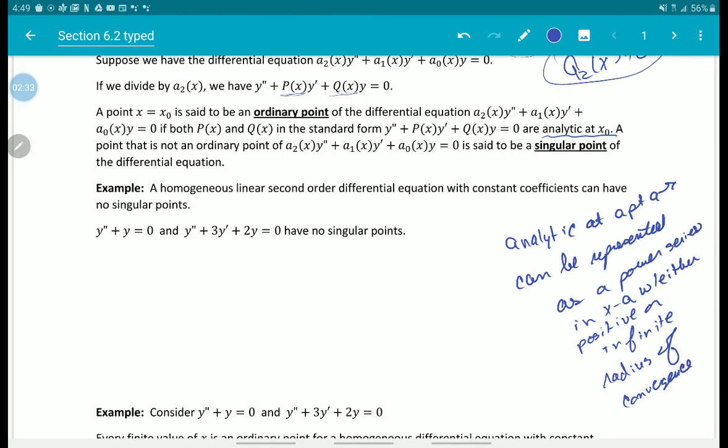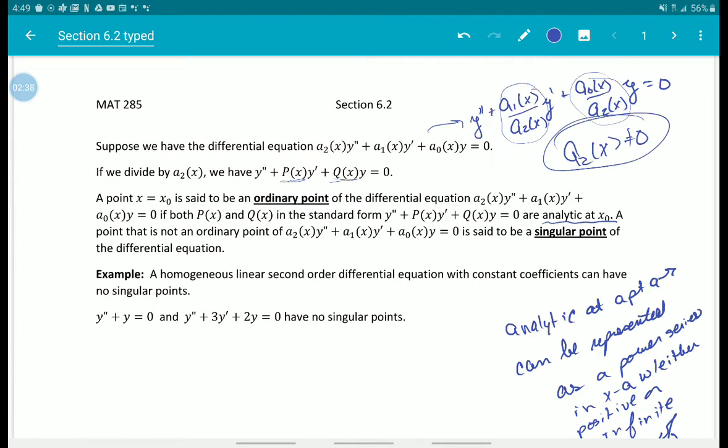So if we have something that's analytic, then it's going to be differentiable. So there's a connection there also.